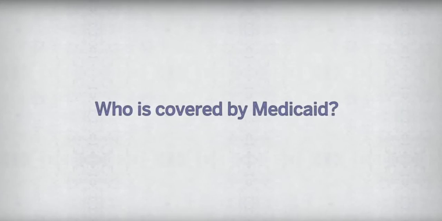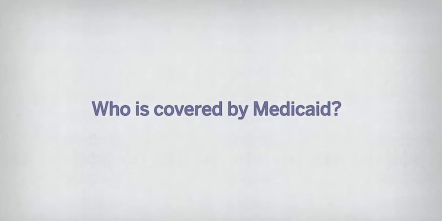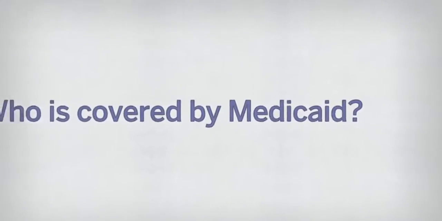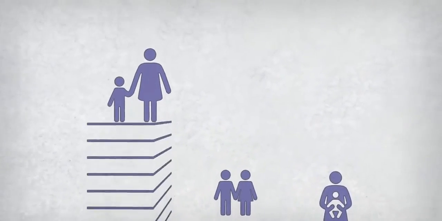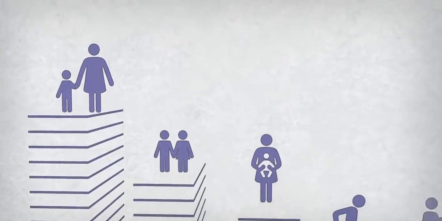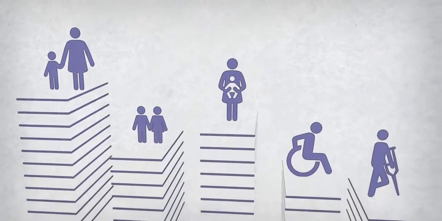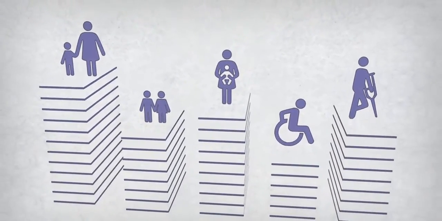Medicaid is a U.S. healthcare program that finances the care of low-income and certain high-risk populations, including low-income children and families, people with developmental or physical disabilities, low-income nursing home residents, and others.